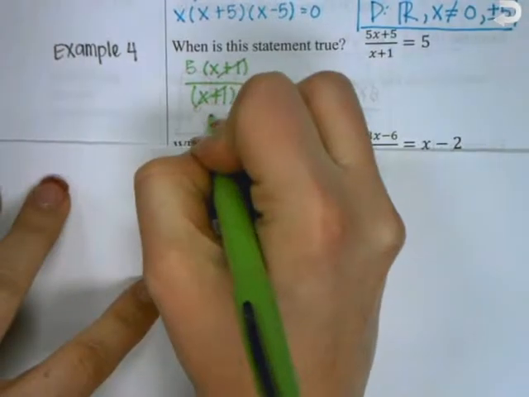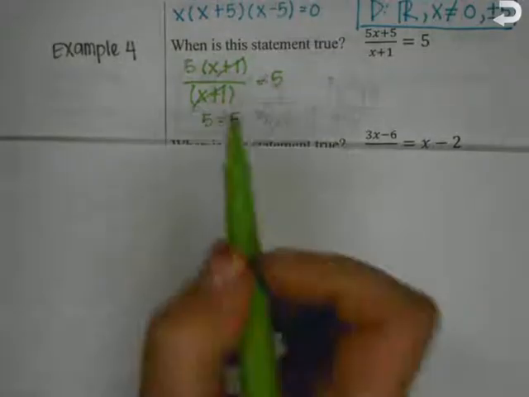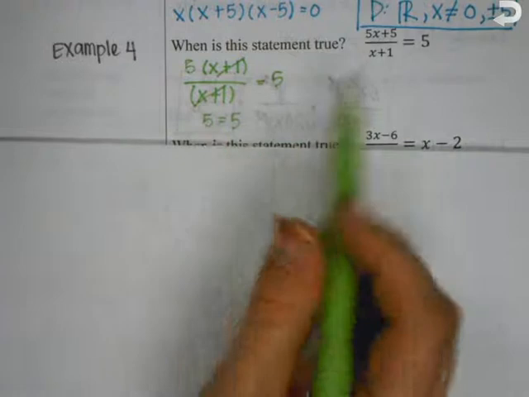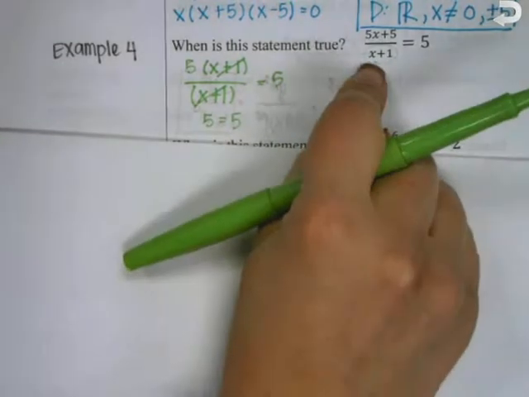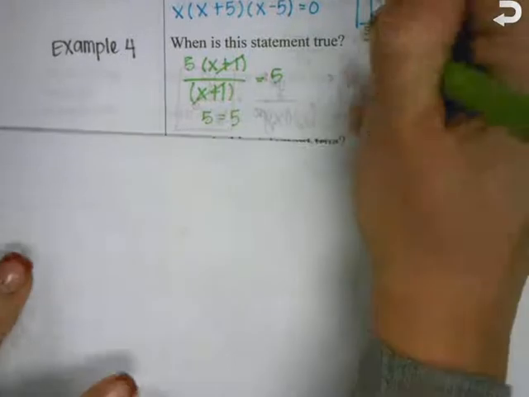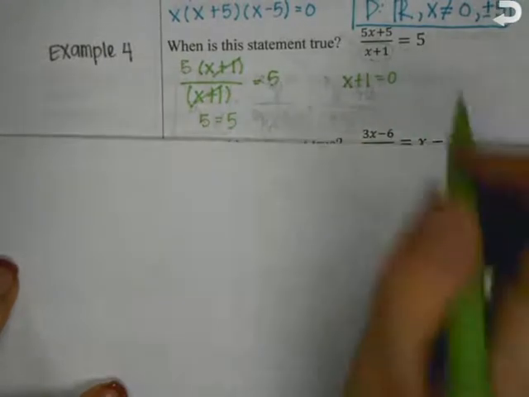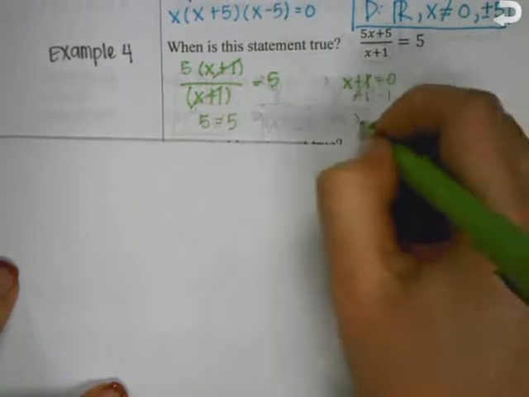Yes. So this is a true statement for everything except one number. We still have to look at where the denominator would equal 0. So if I set x plus 1 equal to 0, I subtract 1 from both sides, and I get x equals negative 1. Okay.